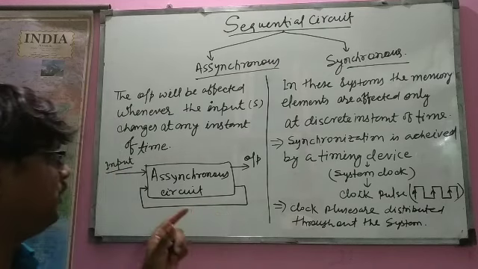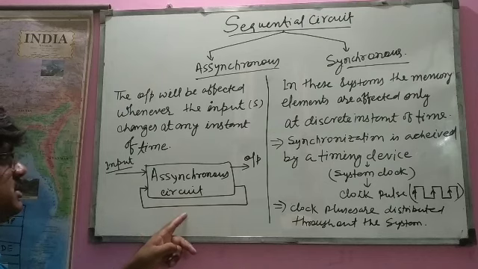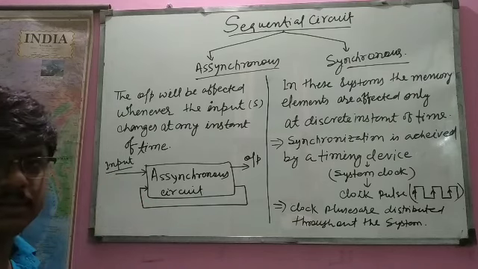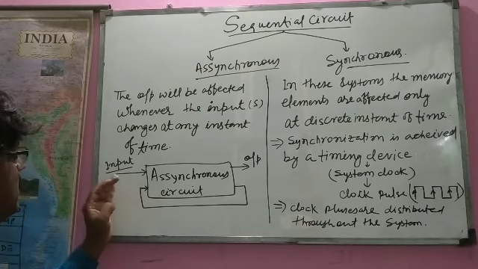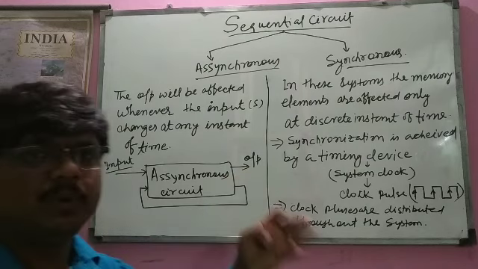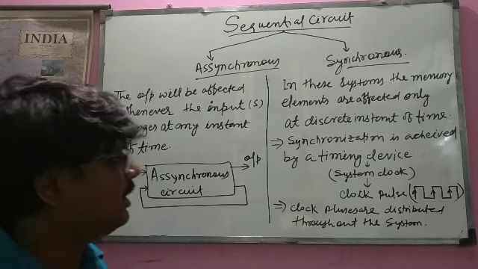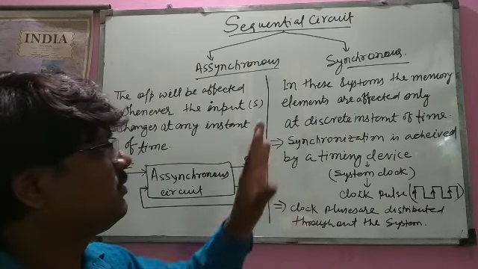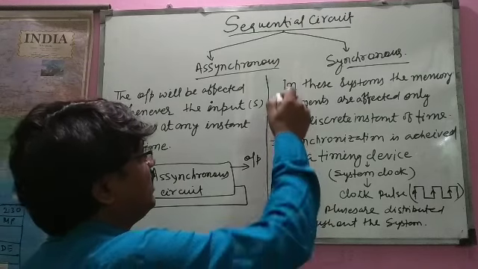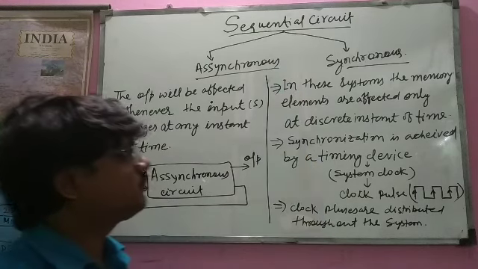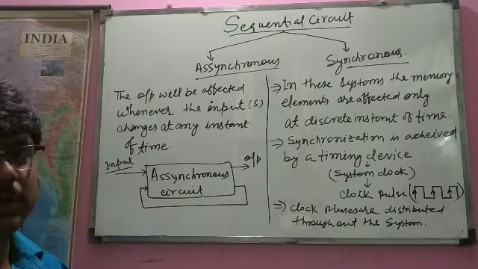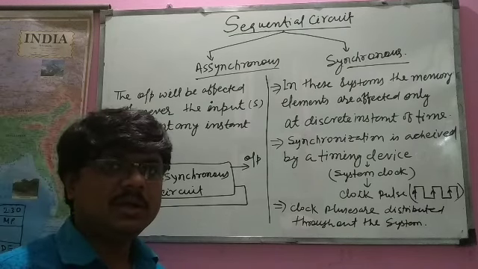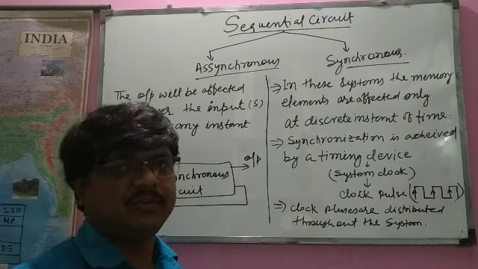In the asynchronous circuit, the output changes any time whenever the input changes. Whenever the input changes, its outputs will be affected. But in the synchronous circuit it is a different case. The output of the memory elements is affected only at discrete instants of time.